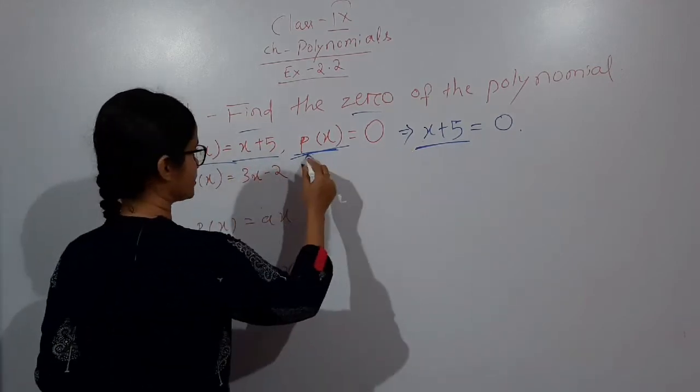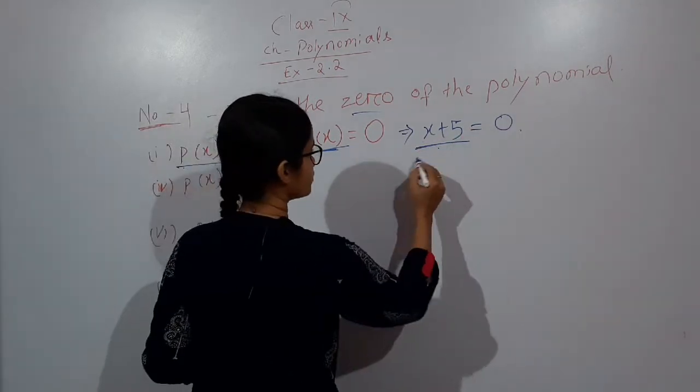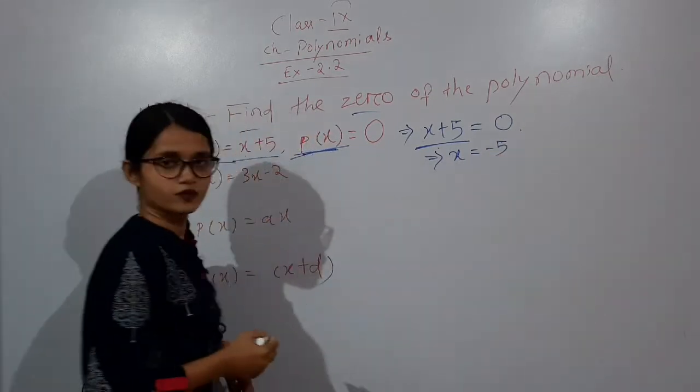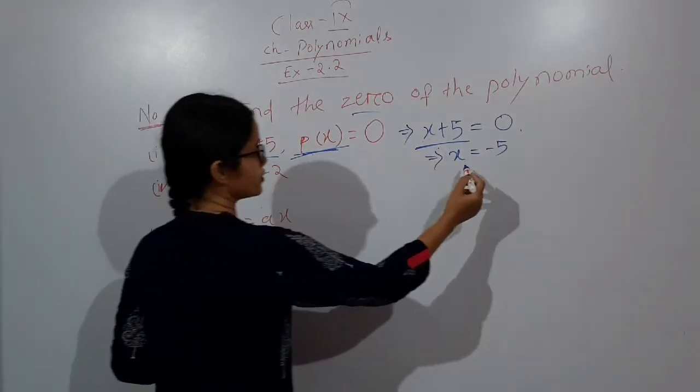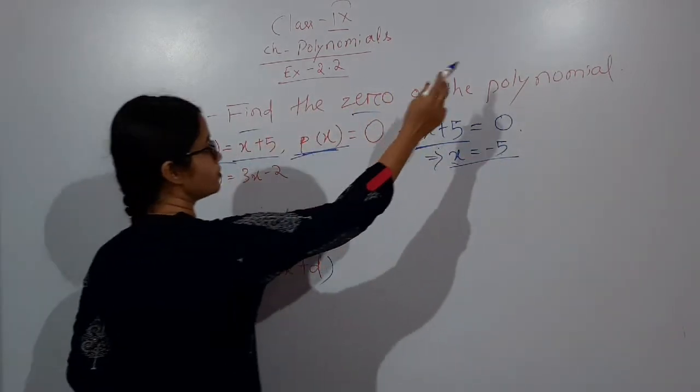So in the place of p(x) we will write x plus 5. So x plus 5 is equal to 0, implies that x is equal to minus 5.